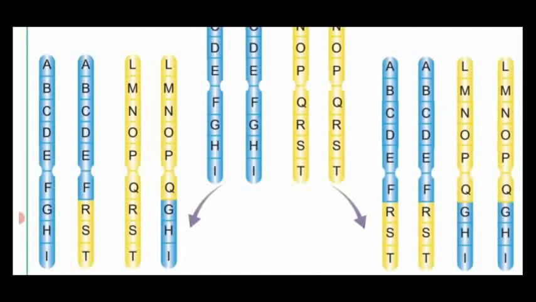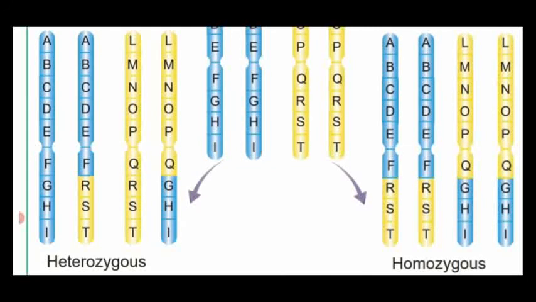Out of the pair of chromosomes, only one chromosome is exchanging its chromosomal segment. See, the first two diagrams, the homologous chromosomes, have the gene segments R, S and T. Likewise, the non-homologous chromosomes have the gene segments G, H and I.